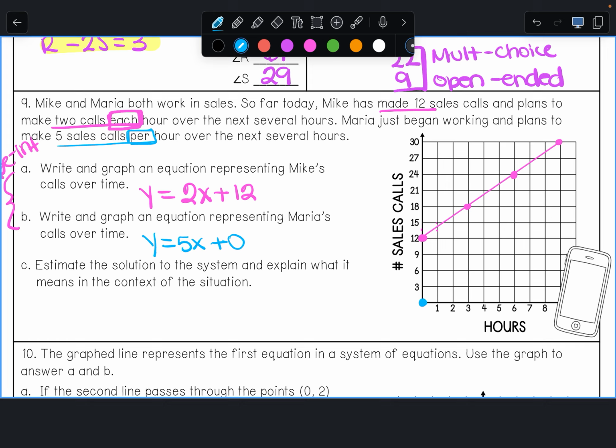We go up 5 over 1, which none of these numbers go by 5s. Fun. So if I put that into my calculator, second graph, there's actually 2 points that will fit. 3, 15 is one of them, and 6, 30.